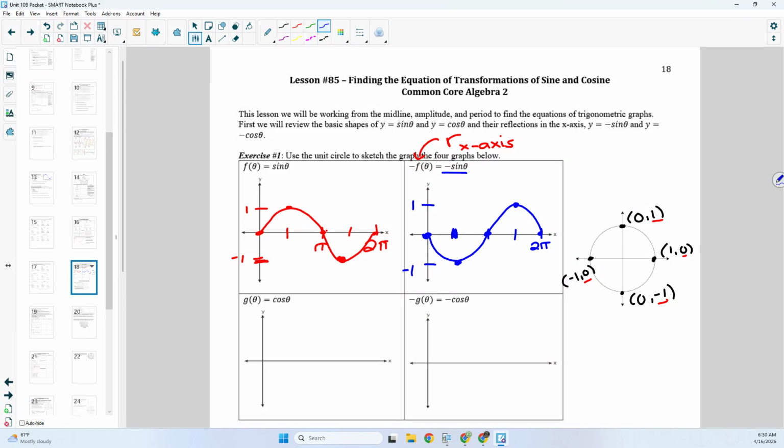So as I graph my cosine graphs, I am going to be following the x values around the unit circle. So similar scales, we'll just get those on. So cosine, x value starts at 1, then goes to 0, and negative 1, 0, and 1.